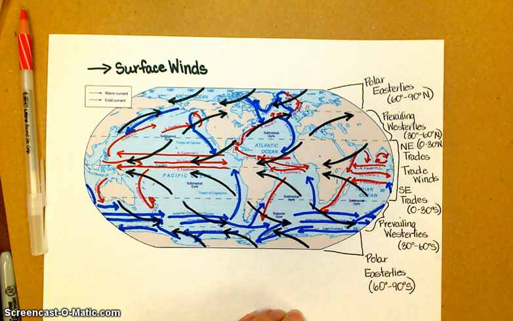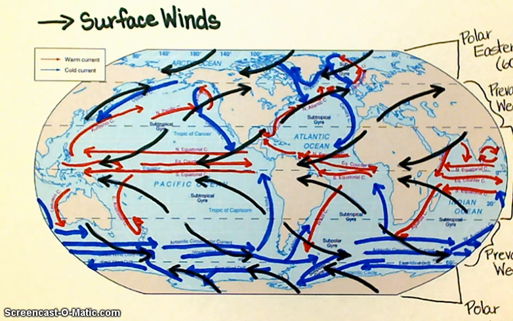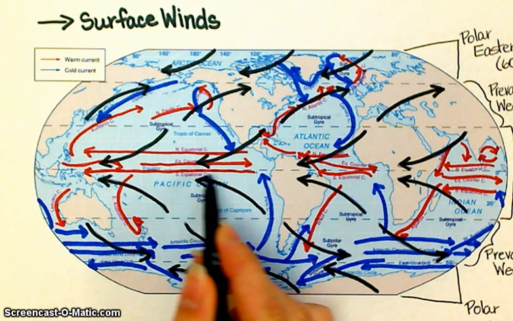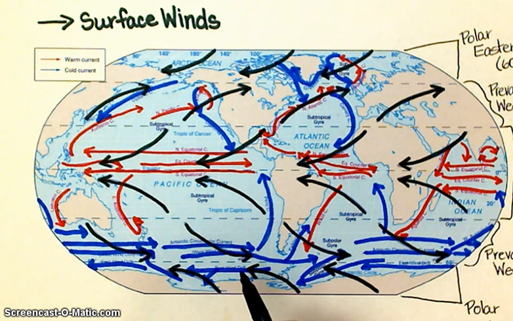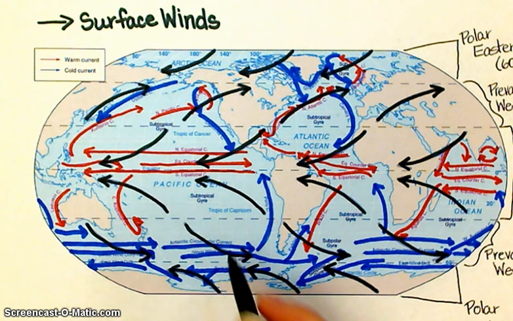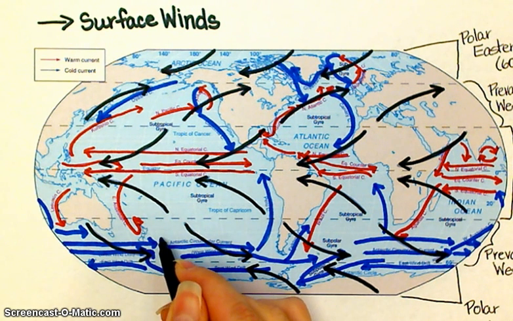What I'm going to do is magnify this because I do want to show you one more thing. One of the last things I want to show you is that if we look carefully, we can actually see these big circulations, those gyres that I talked about, those swirling areas of ocean water.